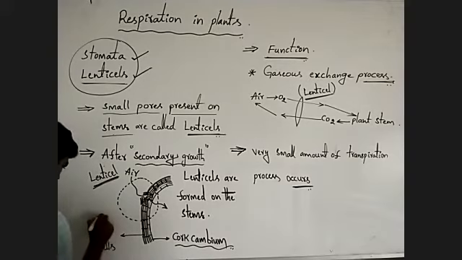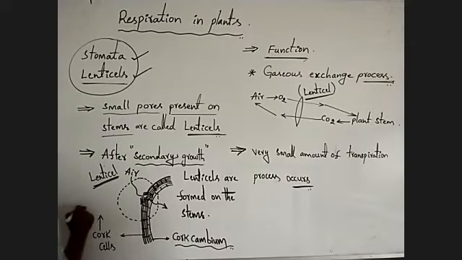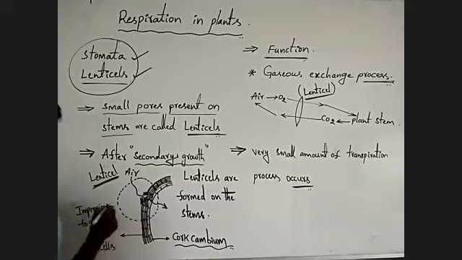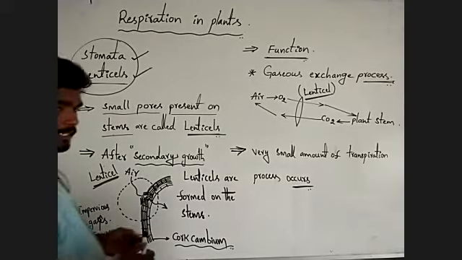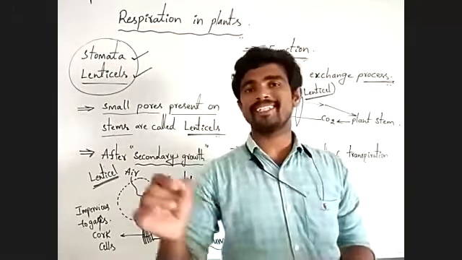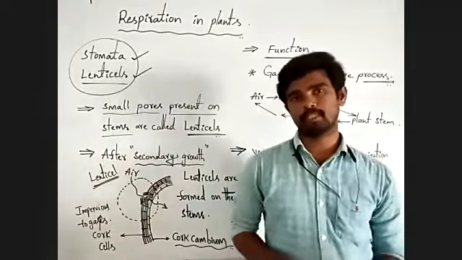This cork tissue is impervious to gases. Impervious to gases means it does not allow the gases through it into the stem.